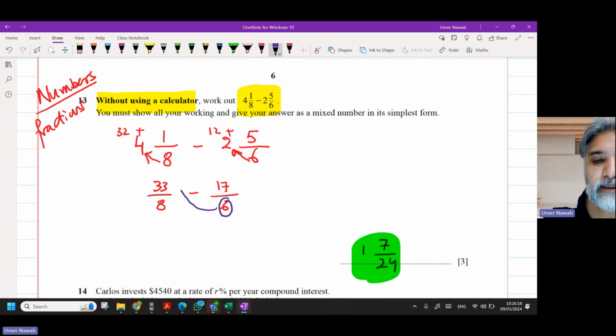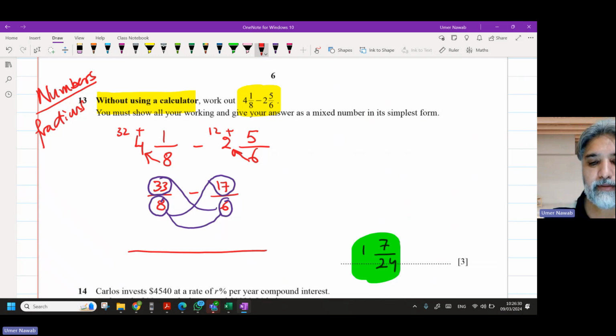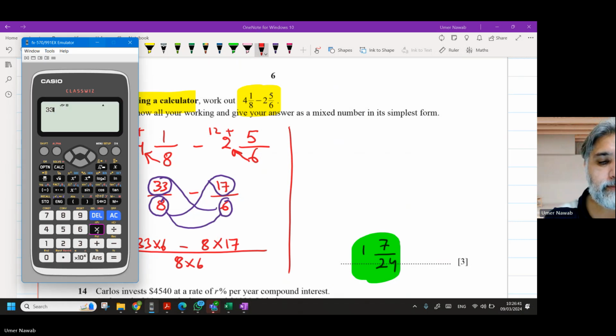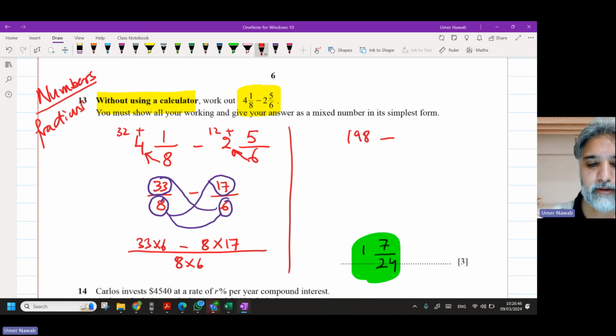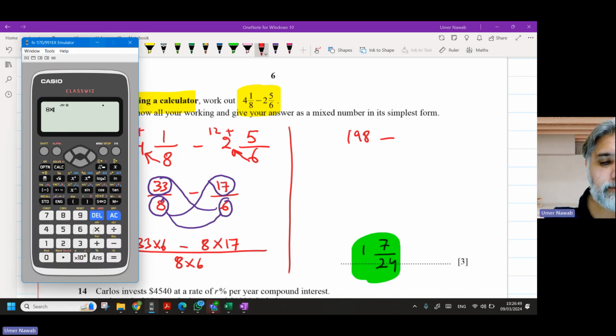Now use the butterfly technique. 6 multiplies with 33 and 8 multiplies with 17, and 8 multiplied with 6 in the denominator. Let's do this. 8 times 6, 33 times 6 minus 8 times 17. So what I'm going to get, guys, 33 times 6 gives you 198, minus 8 times 17 gives you 136.